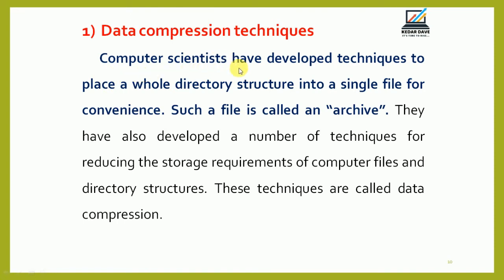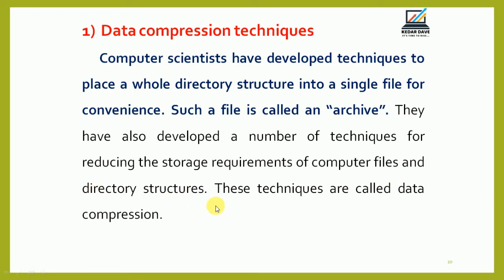So the computer scientists have developed this technique, that is to place the whole directory structures into a file for convenience, so that such a file is called an archive. And they have also developed a number of techniques for reducing the storage requirements of computer files and different directory structures.